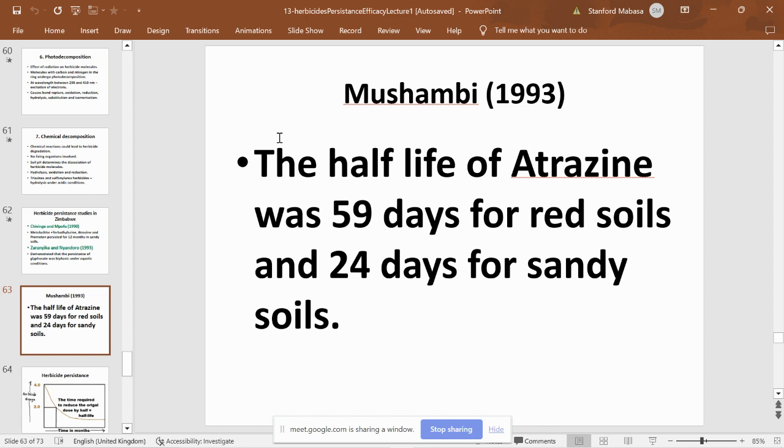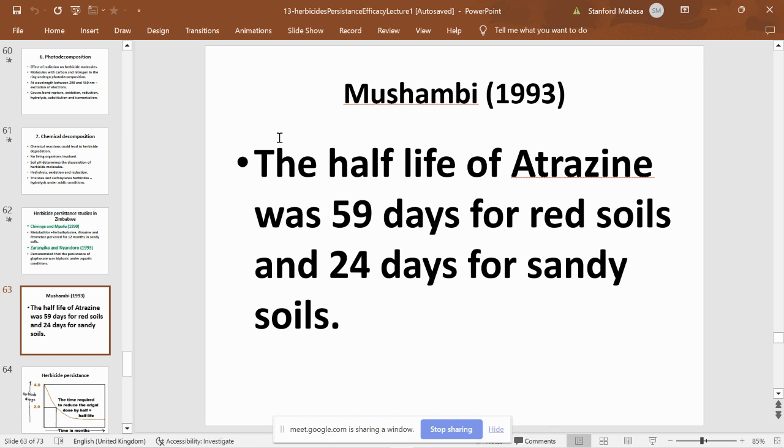Now, Mushambi in 1993 calculated what is known as the half-life of a herbicide. This is the time taken by the herbicide to degrade to half its original dosage. It's a measurement which is used to study pesticides in the environment.